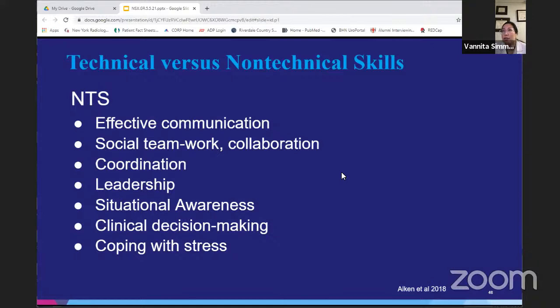And adverse events in surgery, as we all know, are not so much caused by deficiencies and errors in technical skill, but rather by deficiencies in non-technical team and communication skills. So I wanted to be sure that that wasn't omitted, because that's a very important part of resident education as well.